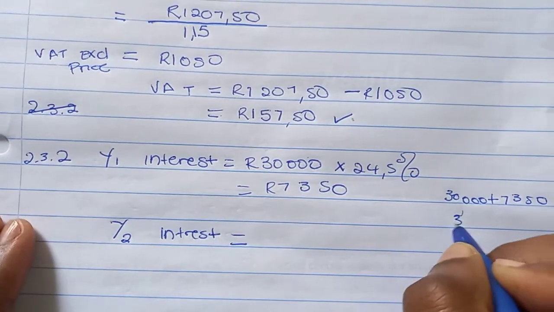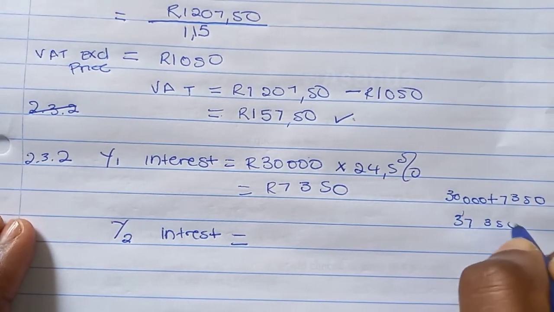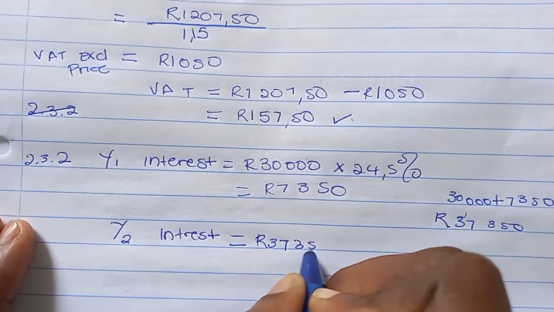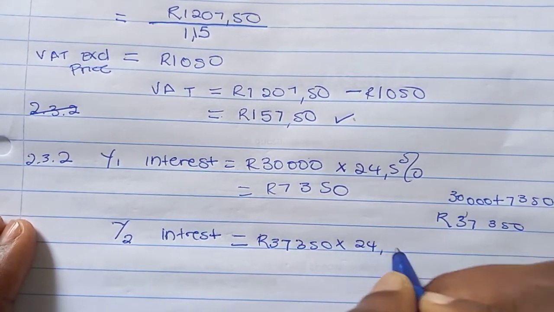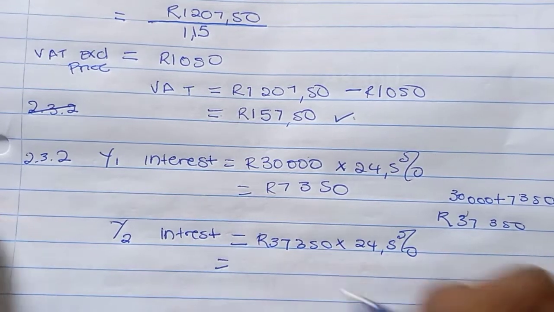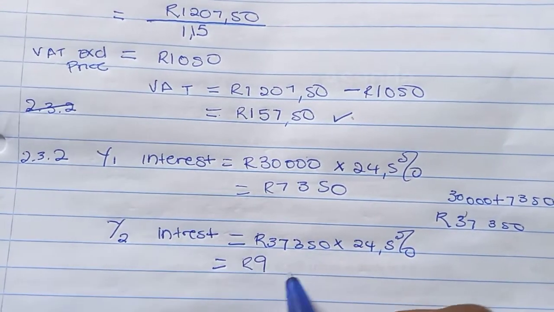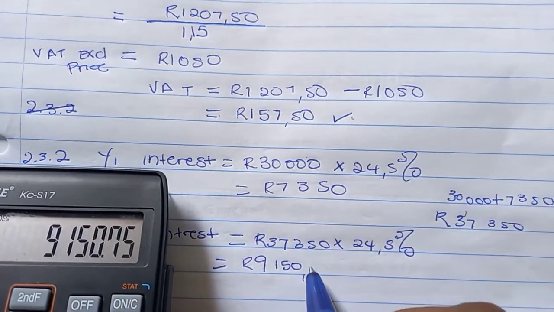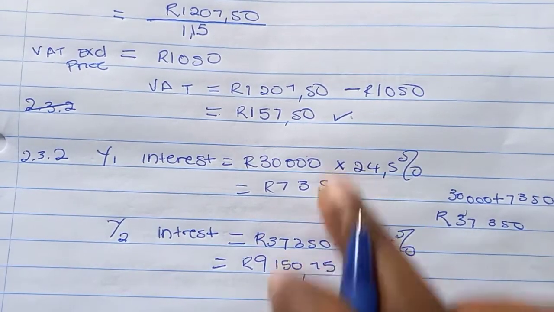That'll be 37,350, and that's the amount I'm going to use for the second year. 37,350 times 24.5%, and then I get 9,150.75. So that is the interest for the second year.